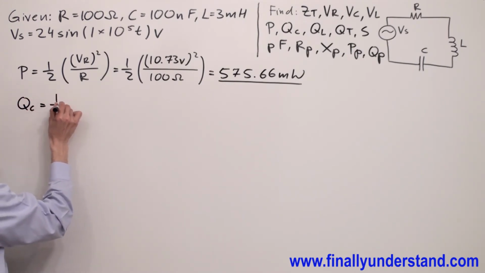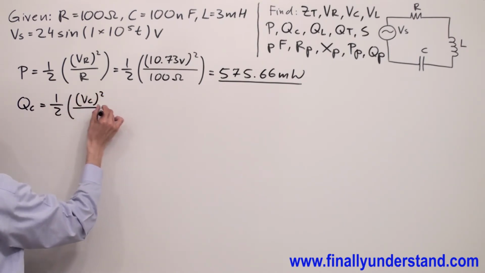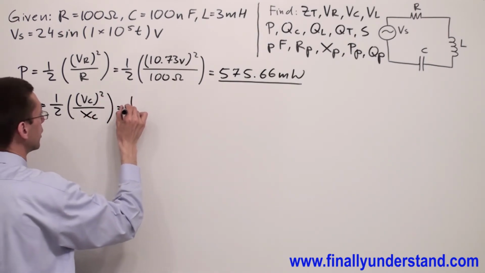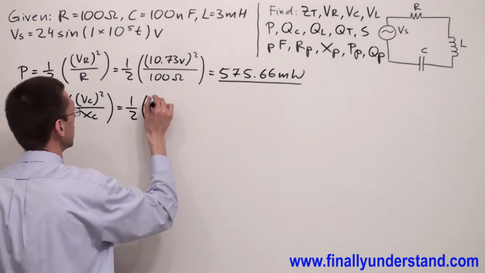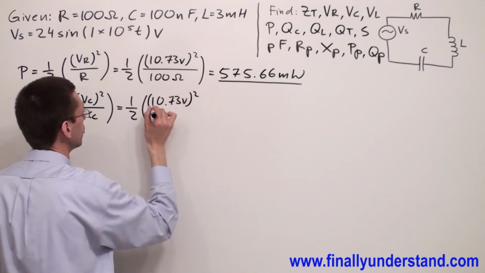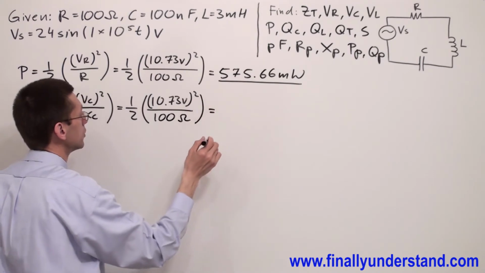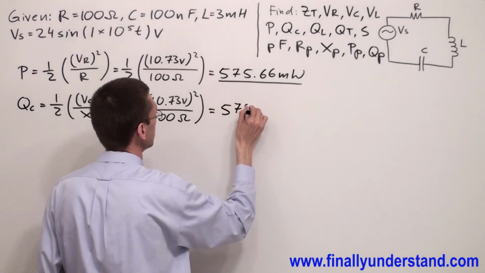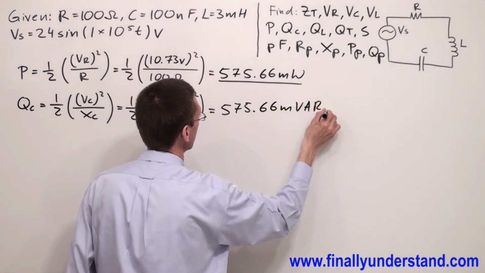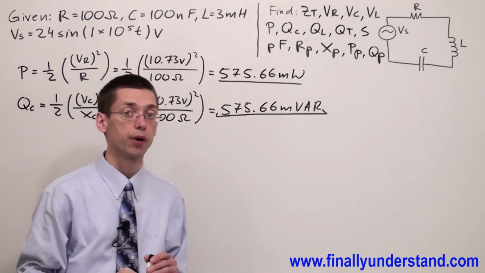QC is equal to 1/2 times VC raised to the second power over X of C, which is equal to 1/2, and I have 10.73 volts raised to the second power over 100 ohms, and this is equal to 575.66 millivolt ampere reactive. Okay, so this is the reactive power at my capacitor.